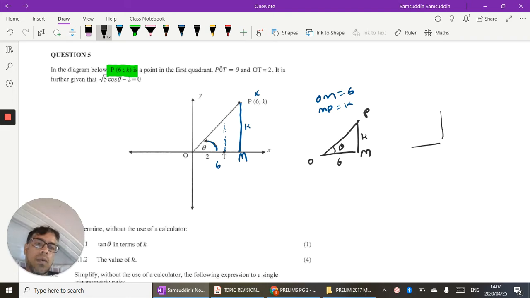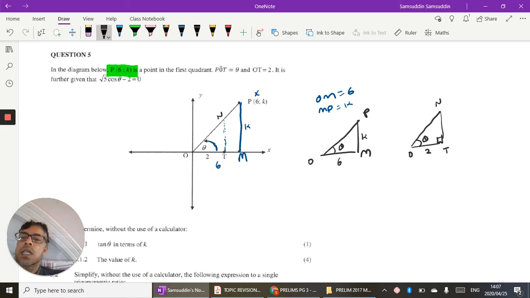And the other is O, T, N. Let me make this one N. This is also theta, and that's 90 degrees. In short, these 2 triangles are similar triangles. For similar triangles, the ratios of their sides are equal.